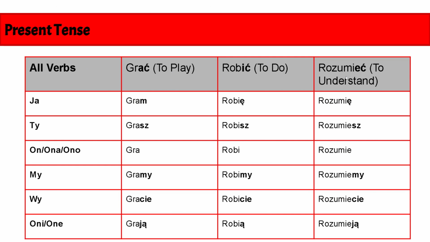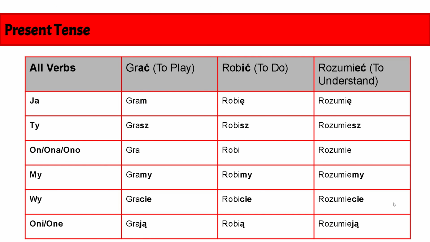Now finally, rozumieć, which is to understand, which is the example verb for eć. Ja rozumiem, similar to over here. Ty rozumiesz. On rozumie. Ona rozumie. Ono rozumie. Again, we're taking that ć and throwing it away. My rozumiemy.